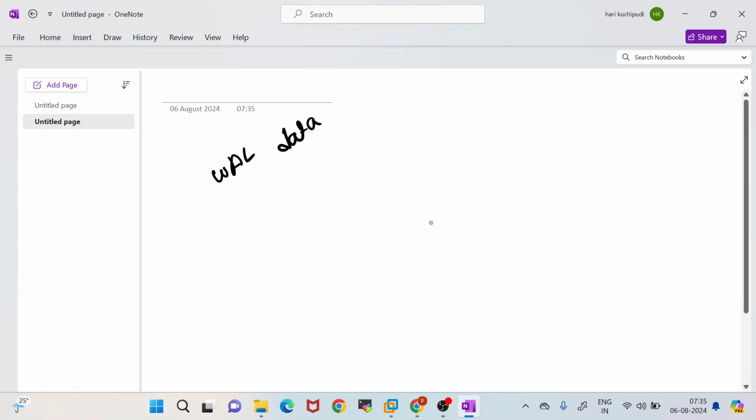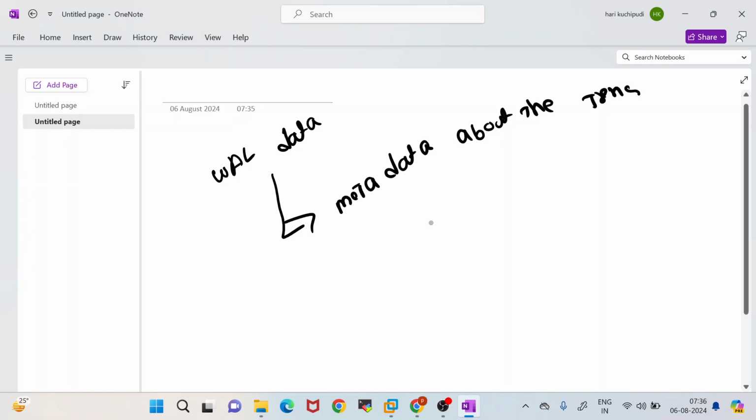When I say data, actually it is not data, it is metadata about the transactions. What does metadata mean? Metadata is nothing but data about data.